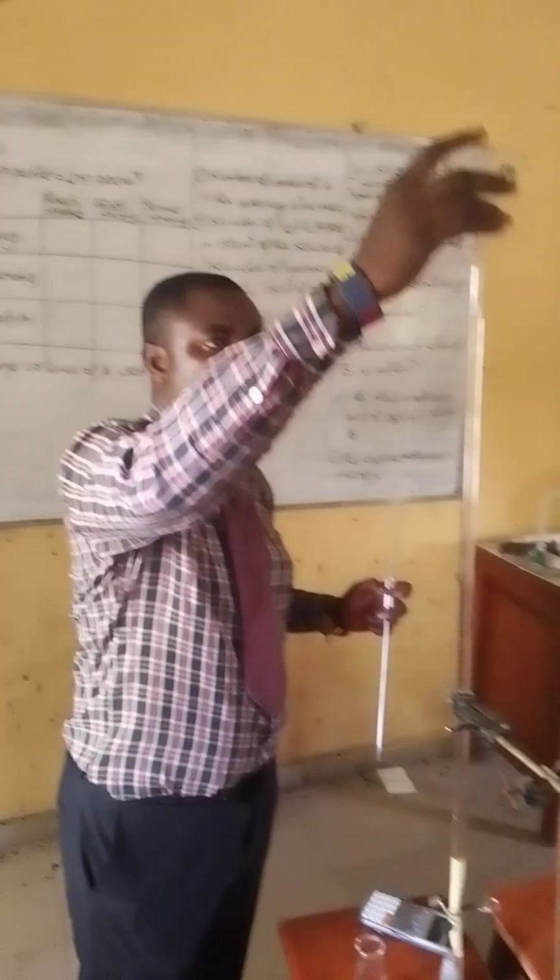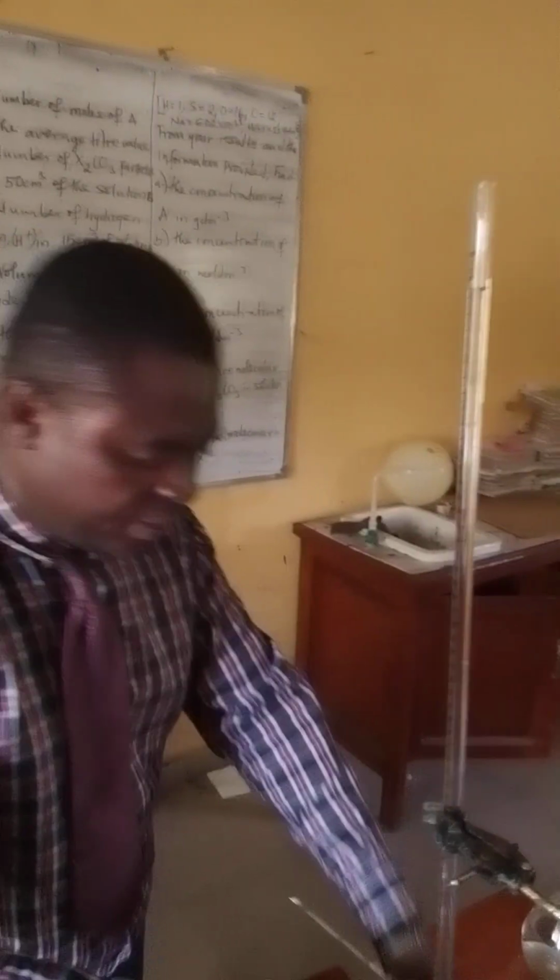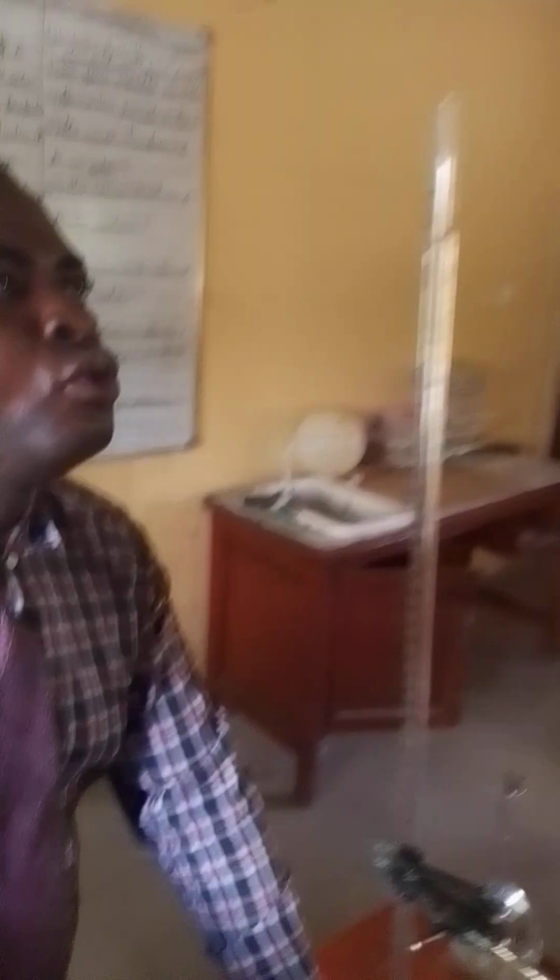Now remove your funnel, then regulate the A to be adjusted to 0 cm3 here, the beginning of the calibration.